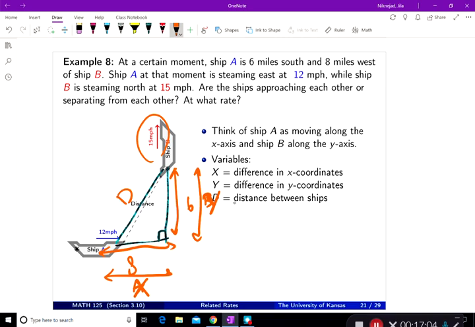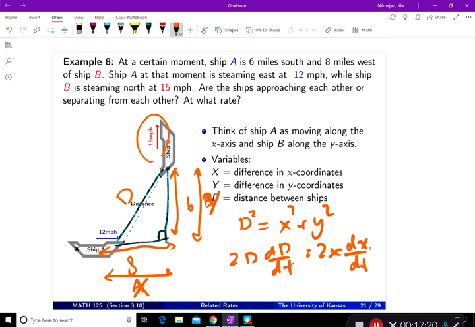And so, as we see in the Pythagorean theorem, d squared is equal to x squared plus y squared. Take the derivative, and that's, again, implicit differentiation. x, y, and d are all functions of t, function of time, and then you plug it in. Again, a bunch of things are given.